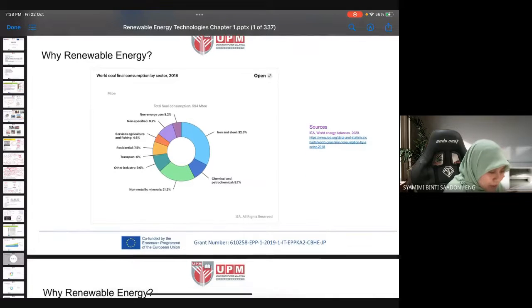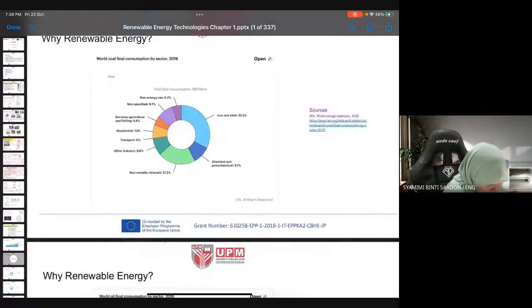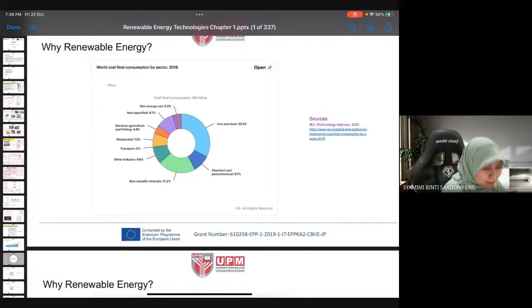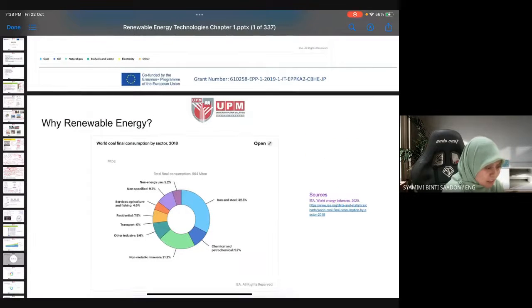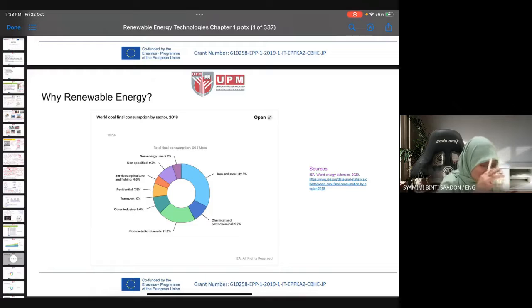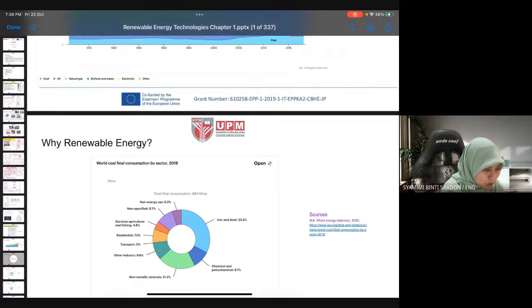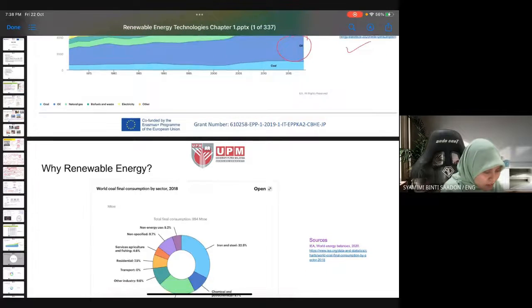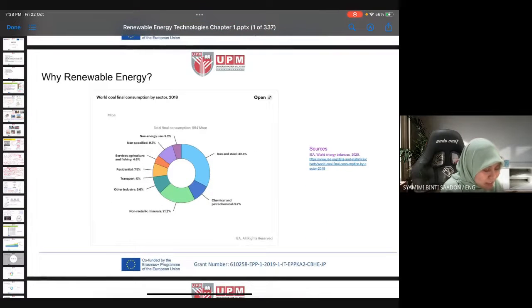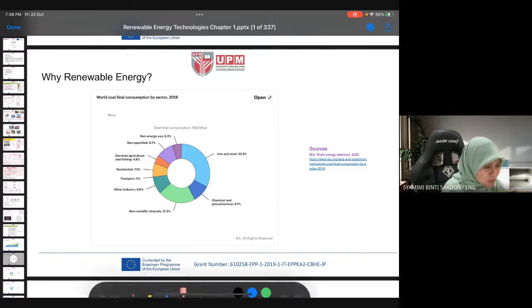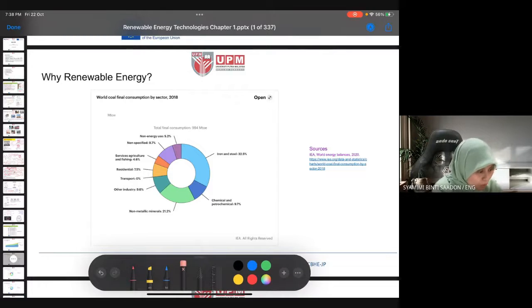Okay, so I have some of the pie chart to focus more on some of the sources just now: coal, oil, and electricity. We look at the application. For example, here, the first one, coal.